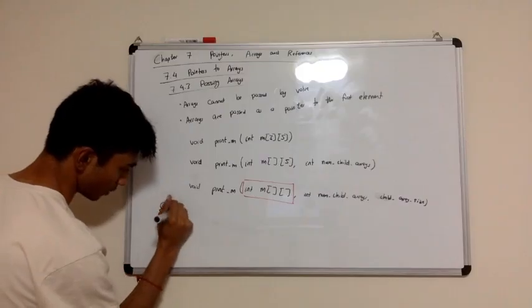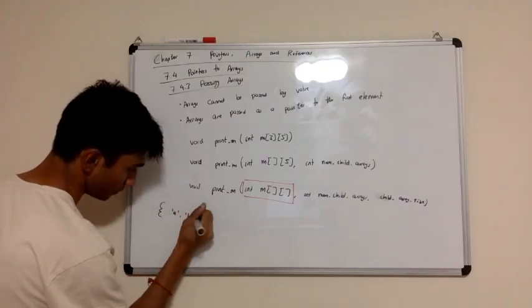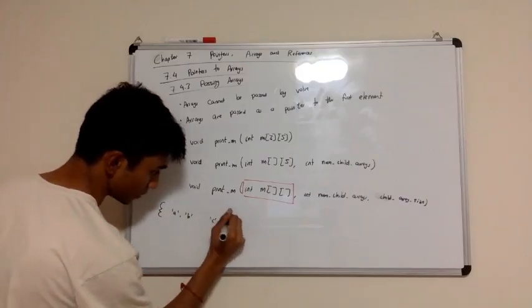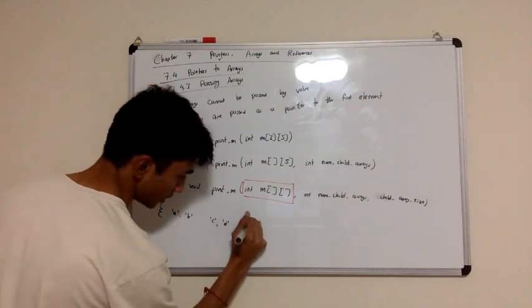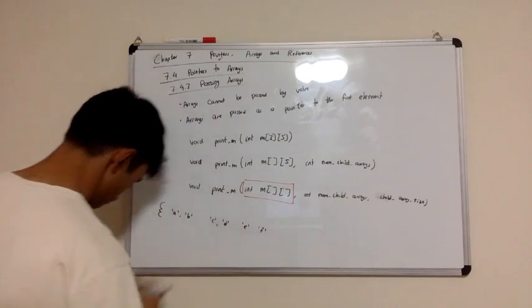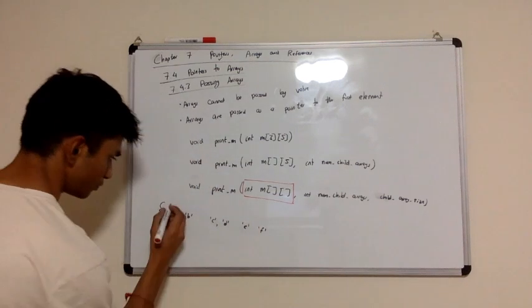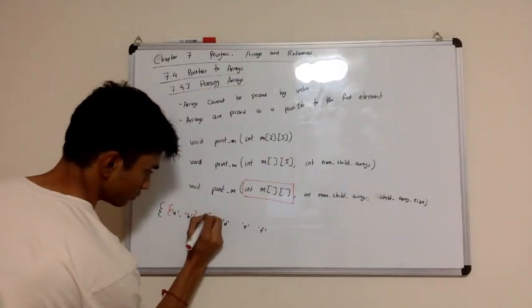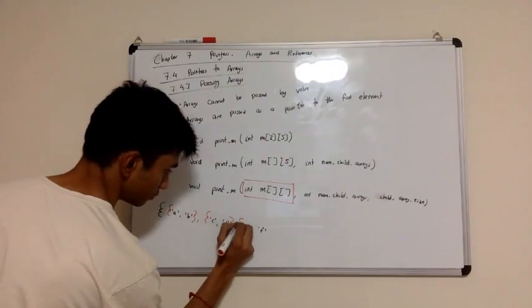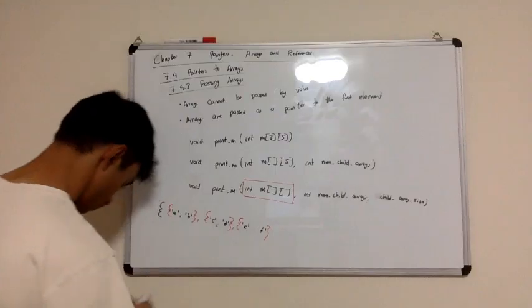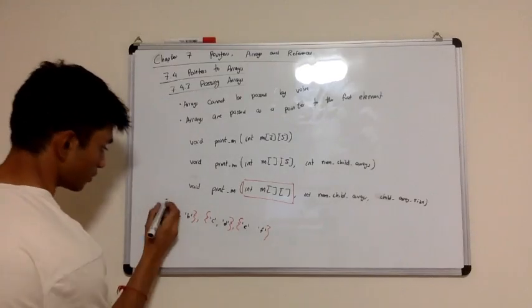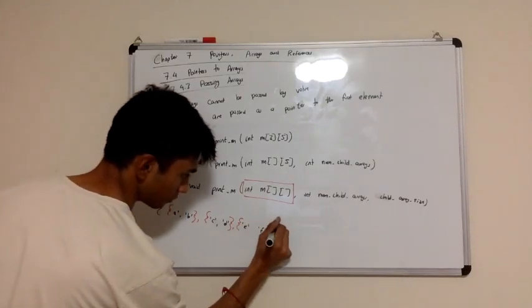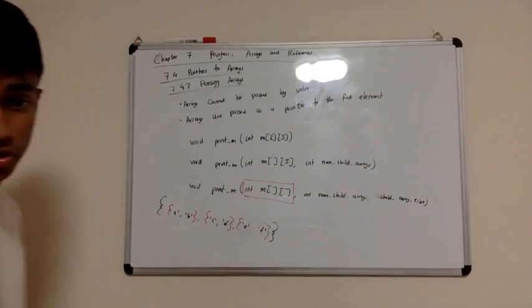It was something like A and B, and then C and D, and then E and F, and then we had child arrays in there, and then we had the parent array.